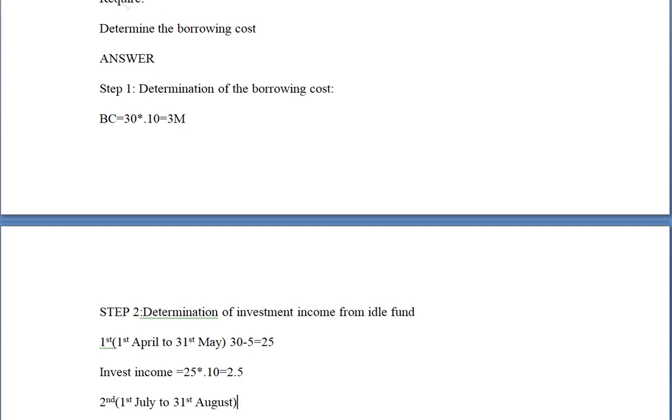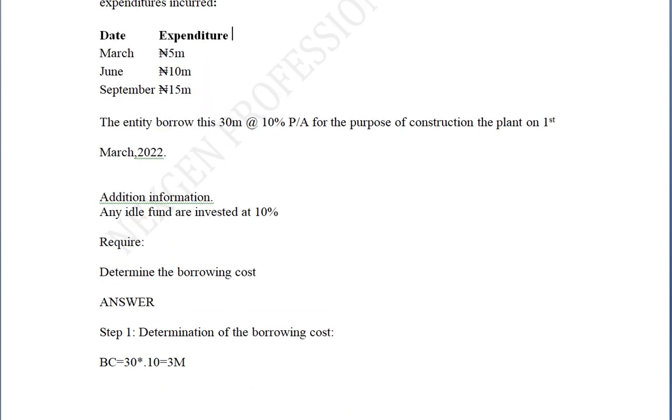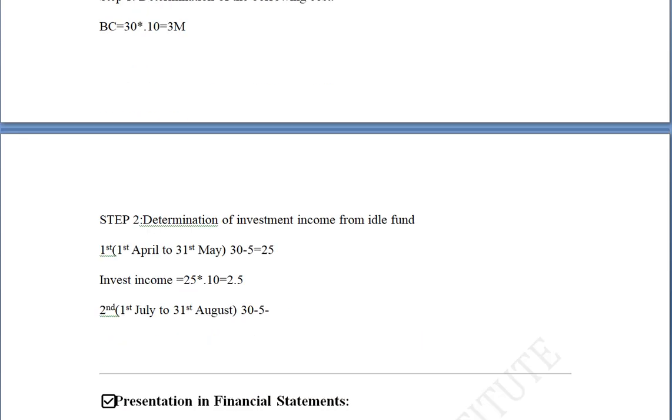The amount utilized will now be 30 minus 5 minus 10, and that will be equals to 15. The idle fund that was available between that period is 15.